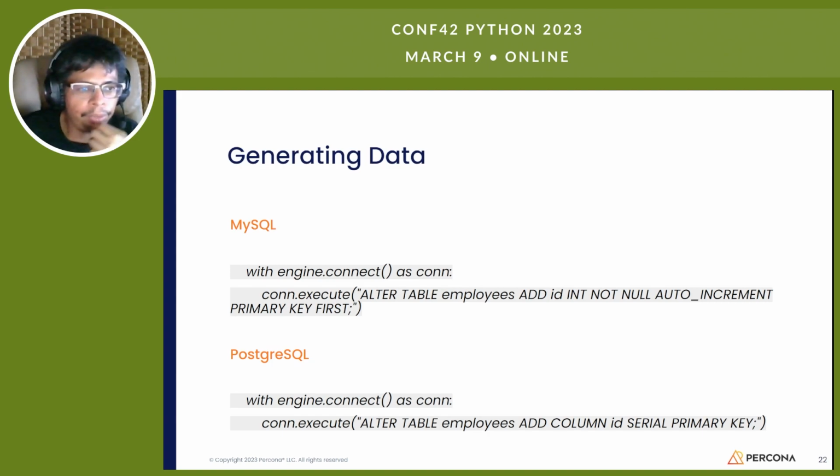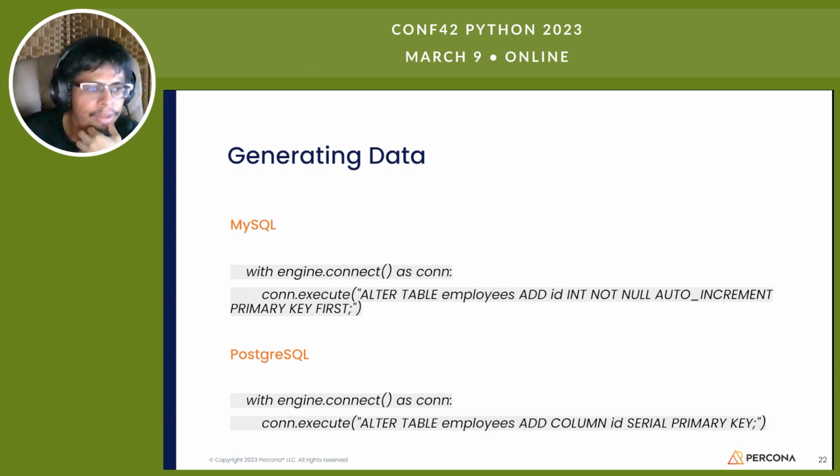So for MySQL, we will execute this SQL statement: alter table employees add ID, that will be our primary key. This column will be not null, and this will be an auto increment. The values will be auto increment.